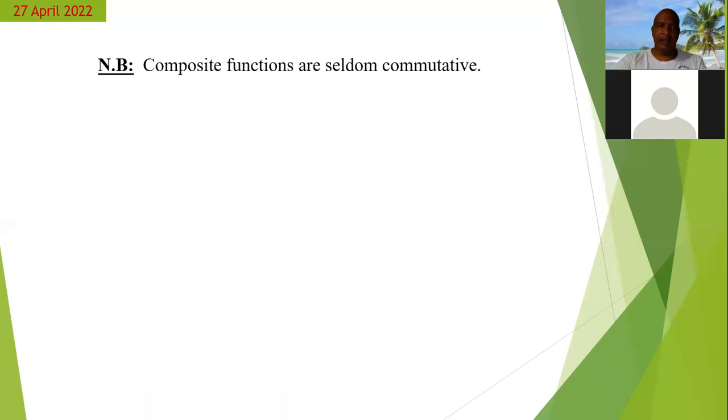What that means, anybody knows? Anybody remember what the commutative law states? Anybody remember the commutative law?